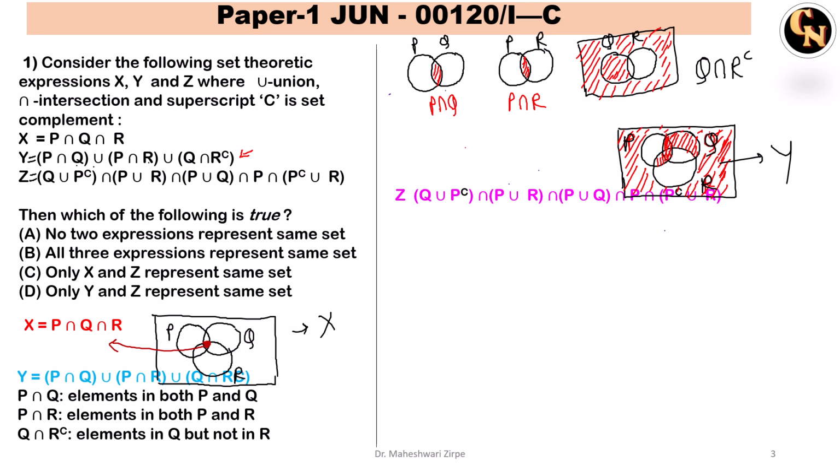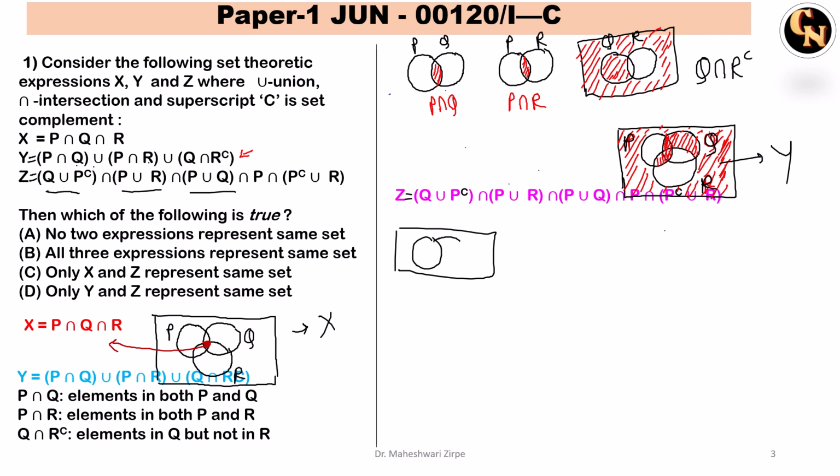So let us again draw small diagrams of all these individual sets first. We'll see them individually like we have seen for Y. So for Z, let us first start with Q union P^C. Let me show it in this fashion, a small diagram.